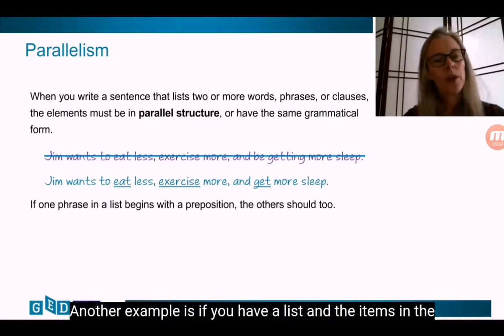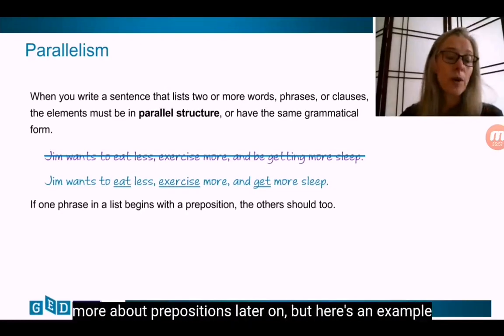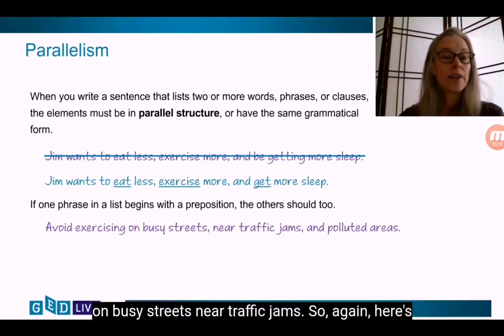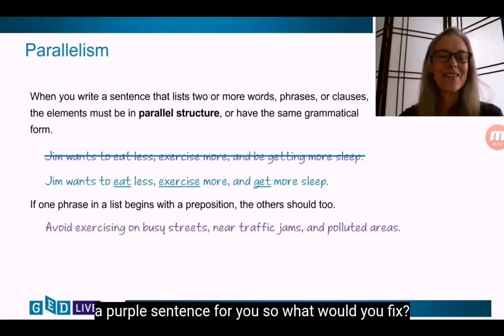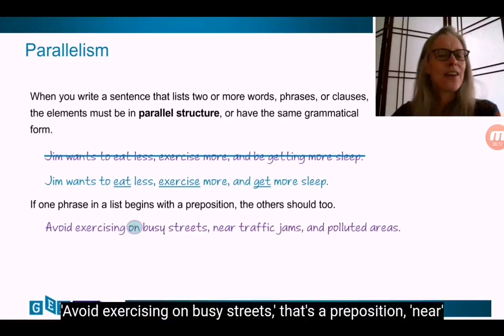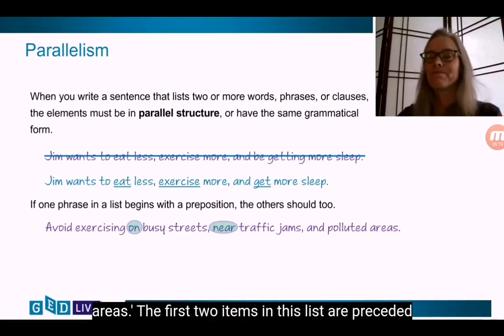Another example is if you have a list and the items in the list begin with prepositions, and we'll talk a little bit more about prepositions later on, but here's an example: on busy streets, near traffic jams. So again, here's a purple sentence for you. So what would you fix? Avoid exercising on busy streets, that's a preposition, near as another preposition, traffic jams, and polluted areas.